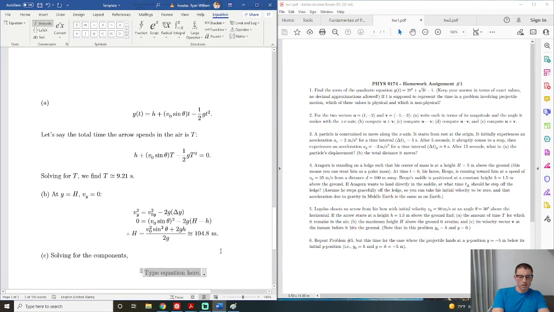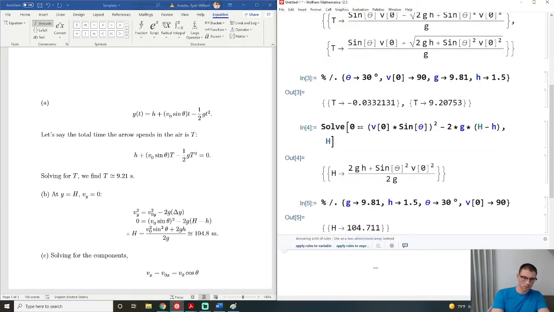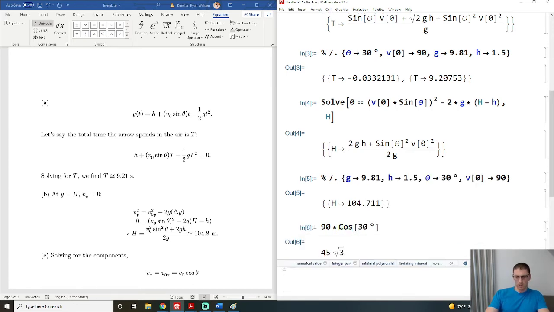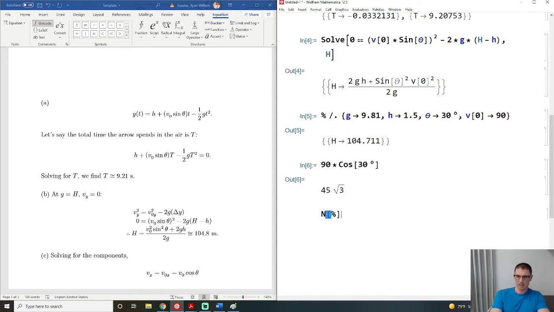So solving for the components. We know that v final, which I'll just call v sub x, is just v initial x, right? Which is, of course, v naught cosine theta. We'll get a number here for all you numbers people. So 90 times cosine of 30. Okay, that's helpful. I love it when it does this.